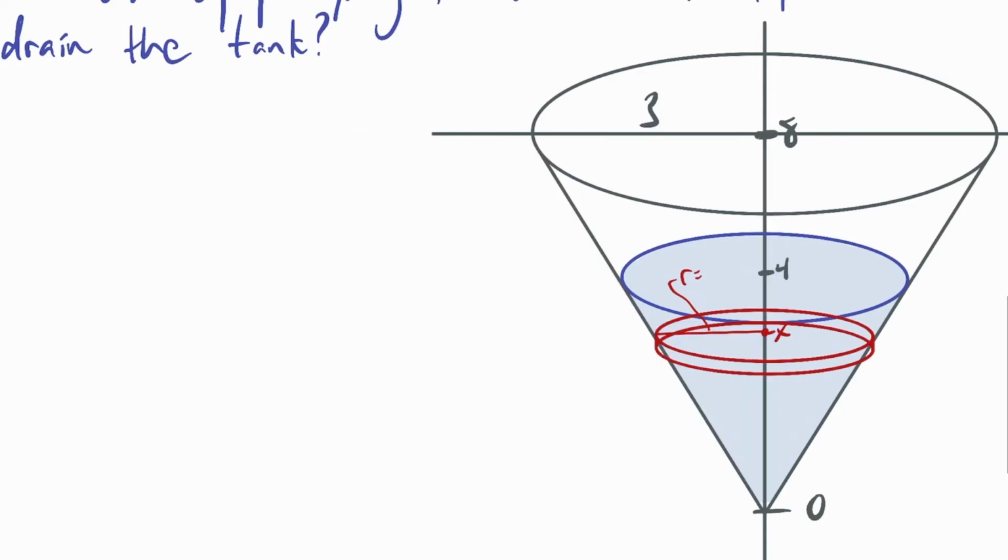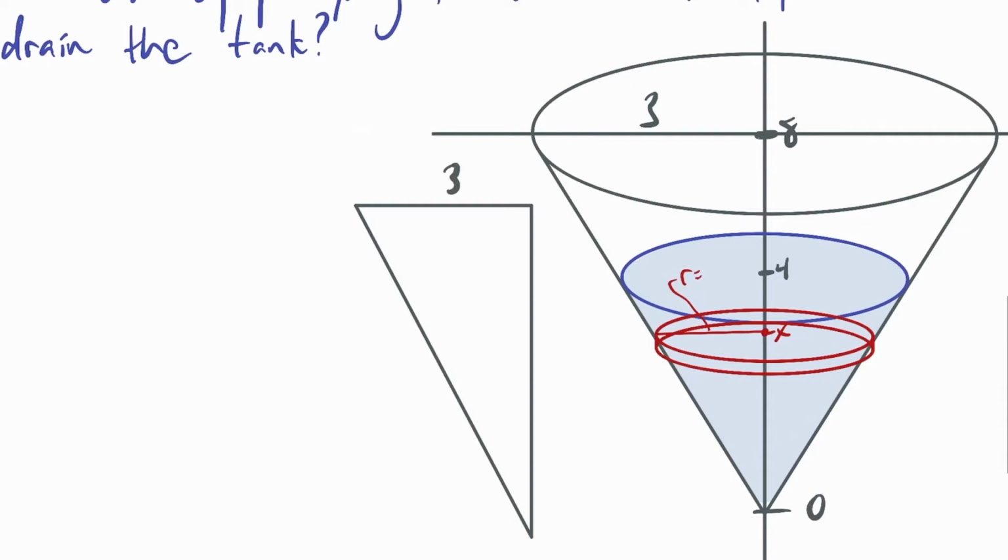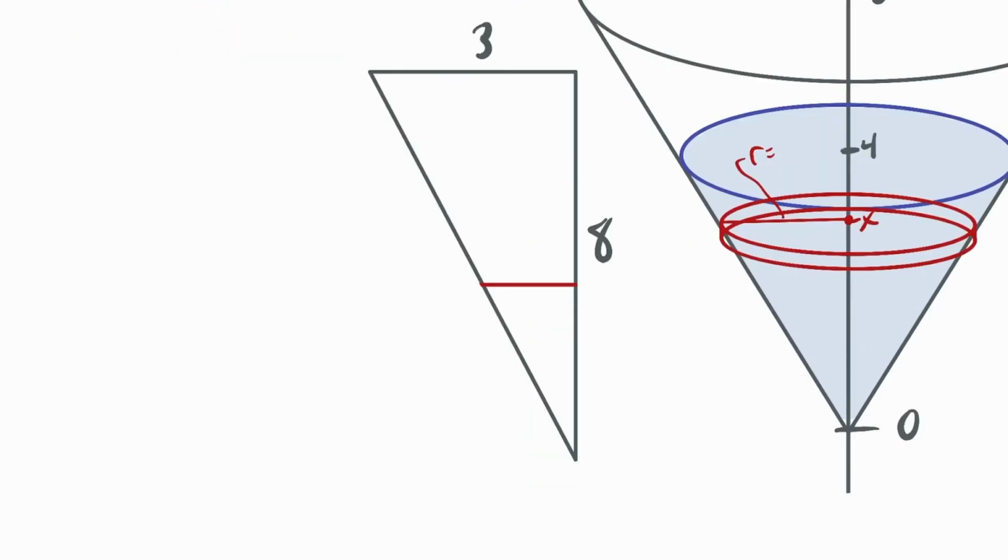If we wanted, we could probably redraw this. I'll draw it a little bit smaller, but basically the same thing. So this is the larger triangle, 3 to 8, right? And then the smaller triangle is something like right here. In fact, I'll do it in red. This is r, and this is x.